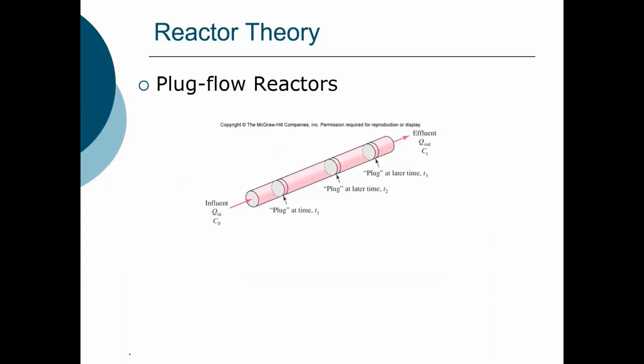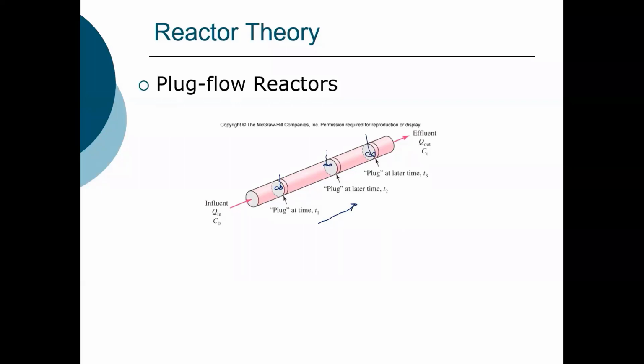Now we can also have plug flow reactors. When you think of a plug flow reactor, think of some sort of a parcel of water that enters the reactor, and it's moving along the reactor.